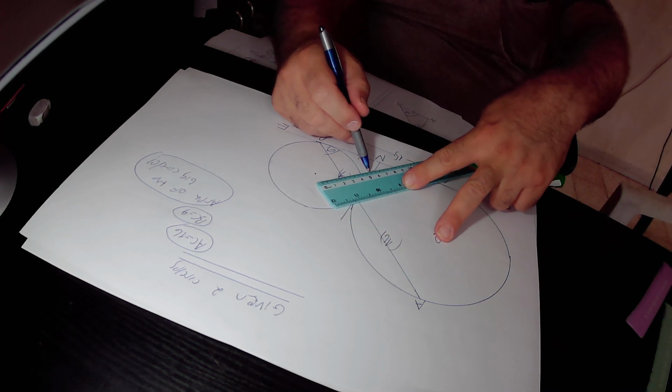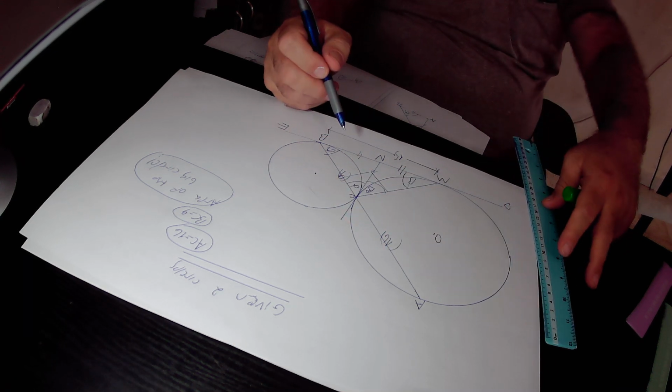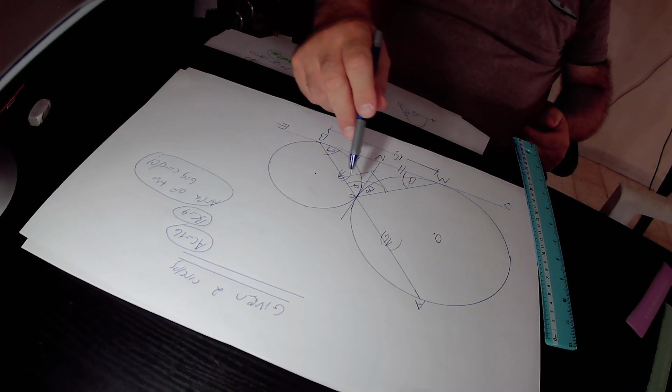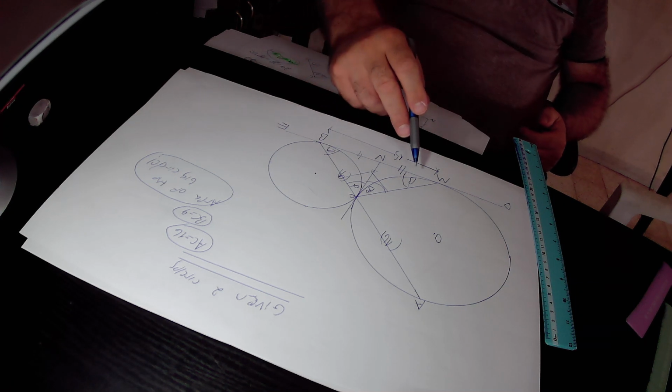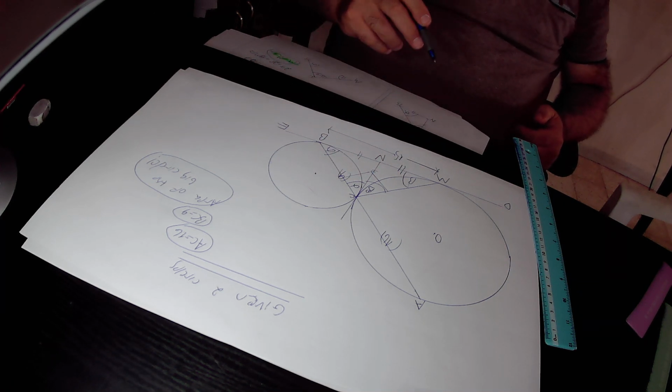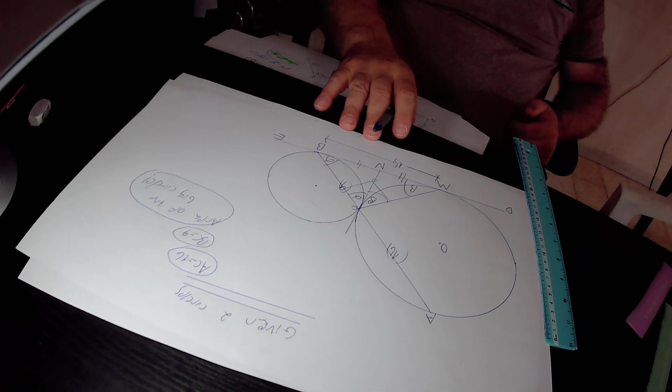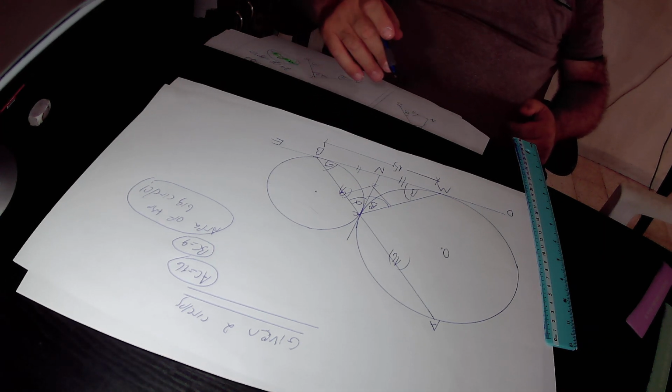The big angle MCB is a right angle. Again, this is angle MCB, that is a right angle. It is given in the problem that AB is a straight line.